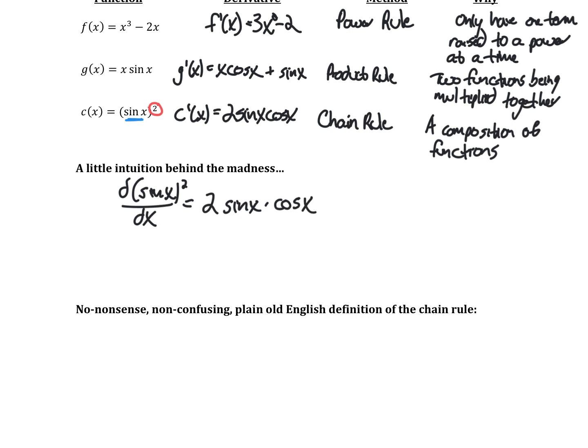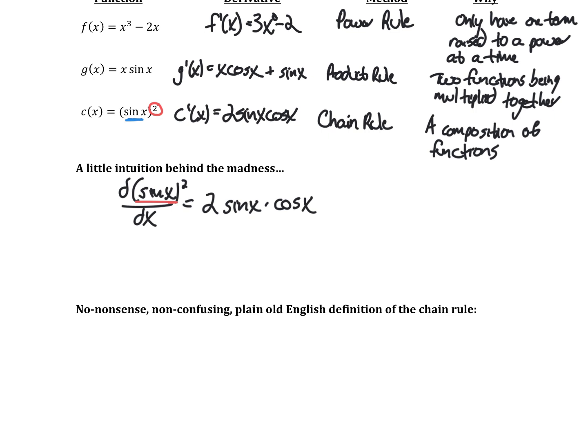Again, that thing that goes on the top next to the d is just your function. So in this case, my whole function is sine of x squared, so that's what I put there. Usually we define a function as y, which is why you say dy dx. But in this case, it's just d sine of x squared over dx.